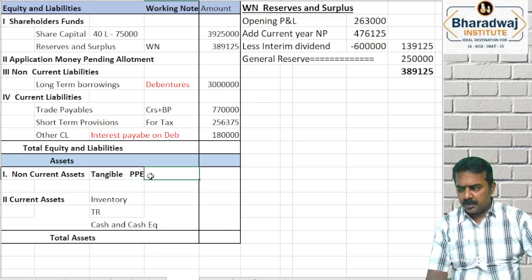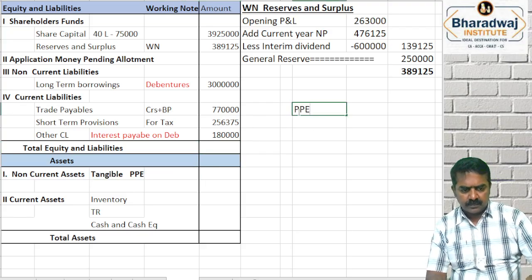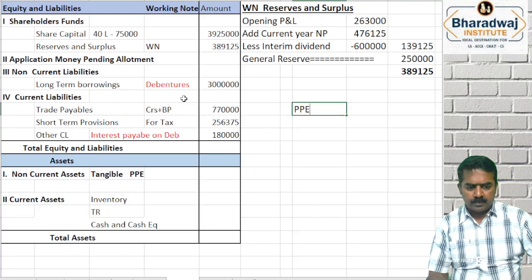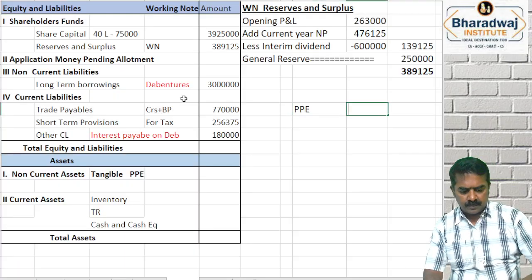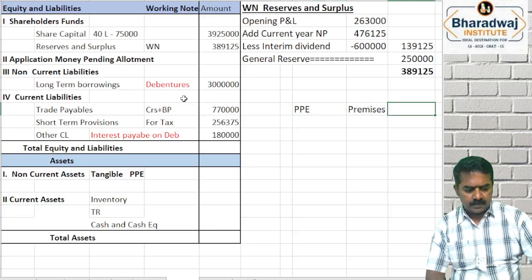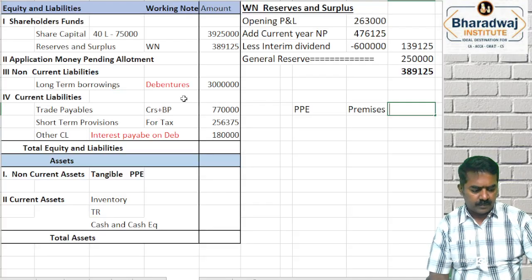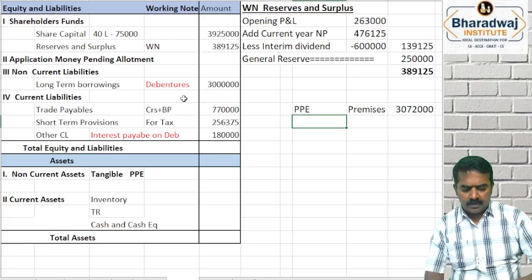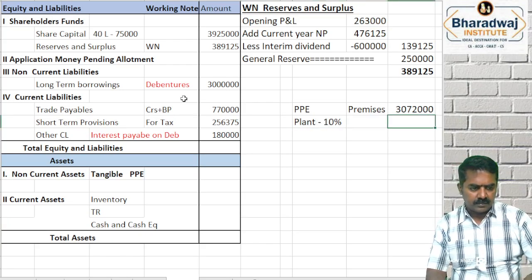Property, plant and equipment, what will come? Premises. Plant minus 10%: 29,70,000.